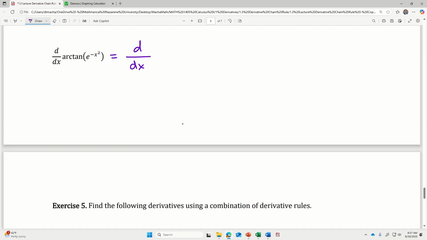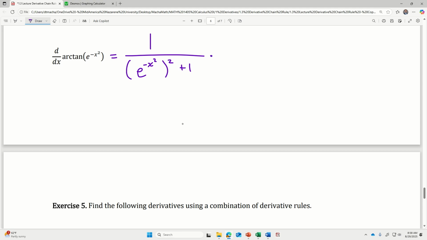So we take the derivative of the outside function first. What's the derivative of arctangent? 1 over x squared plus 1. And I'm leaving the inside function stuff alone. So I'm leaving all of this e to the negative x squared stuff by itself for right now.